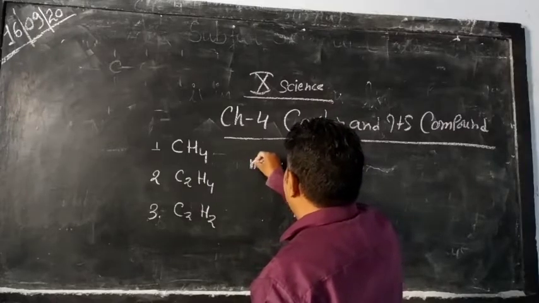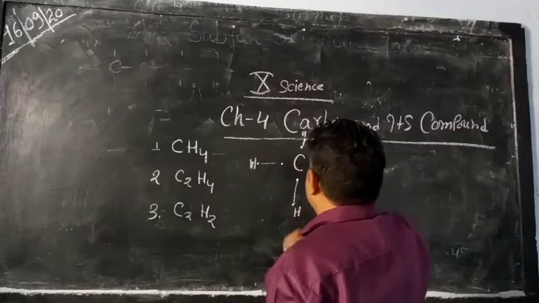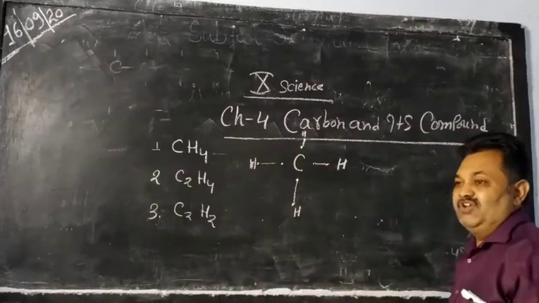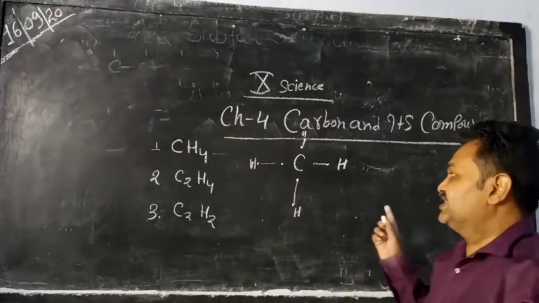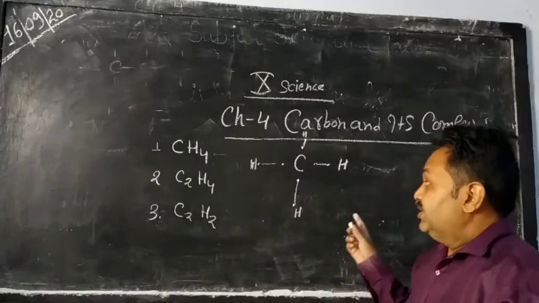So these 4 hydrogen, due to the equal sharing of electrons, form 4 single covalent bonds. So it is the example of single covalent bond in carbon.